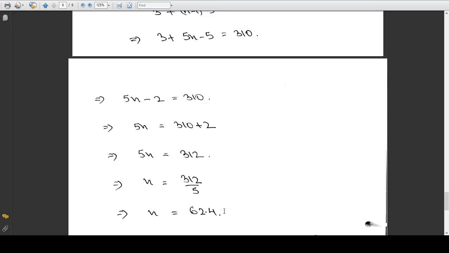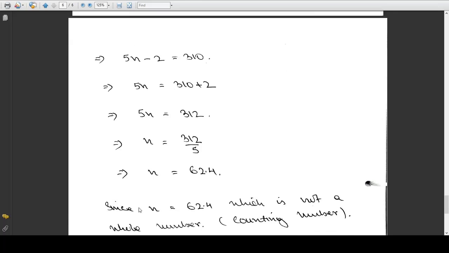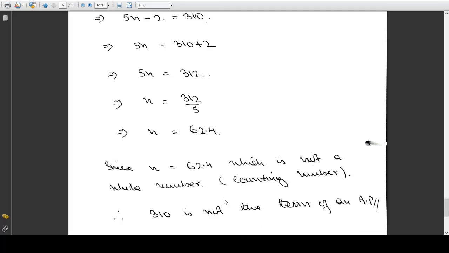If it reaches 60, it should go to 61. The next terms will be 62, 63, 64 like that. Since it is a fraction like this, that means it is not a counting number. Therefore 310 is not a term of the AP. Is it clear?